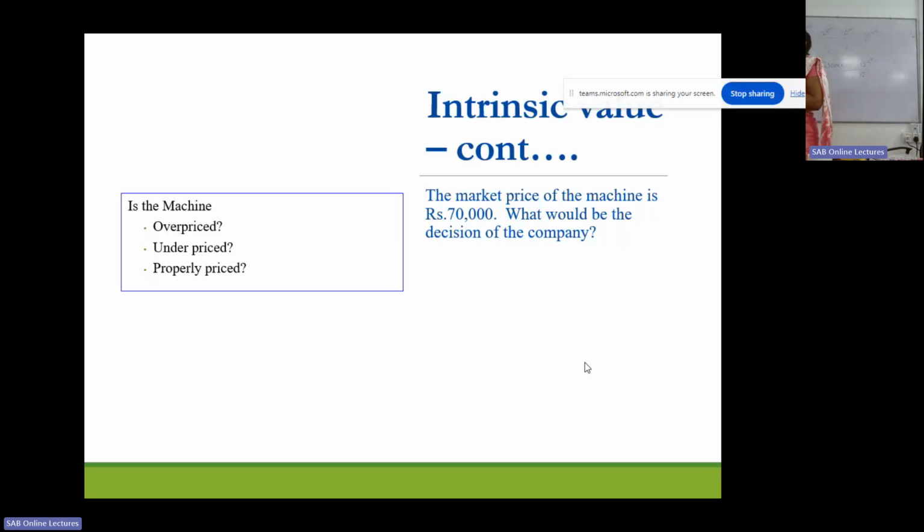All the information is incorporated in the market price, so the intrinsic value and the market price are both the same. It is an efficient market. All information is incorporated in the share prices, so our intrinsic value and the market trading price are both equal.